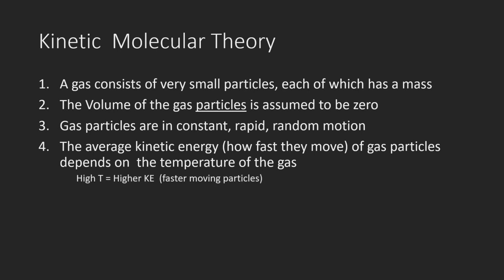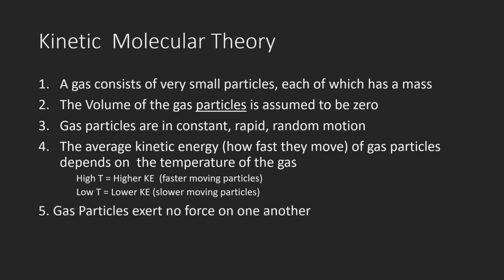High temperature equals a higher kinetic energy, lower temperatures equals a lower kinetic energy. And then last, gas particles exert no force on one another. They collide and bounce around, but there is no true force exerted.